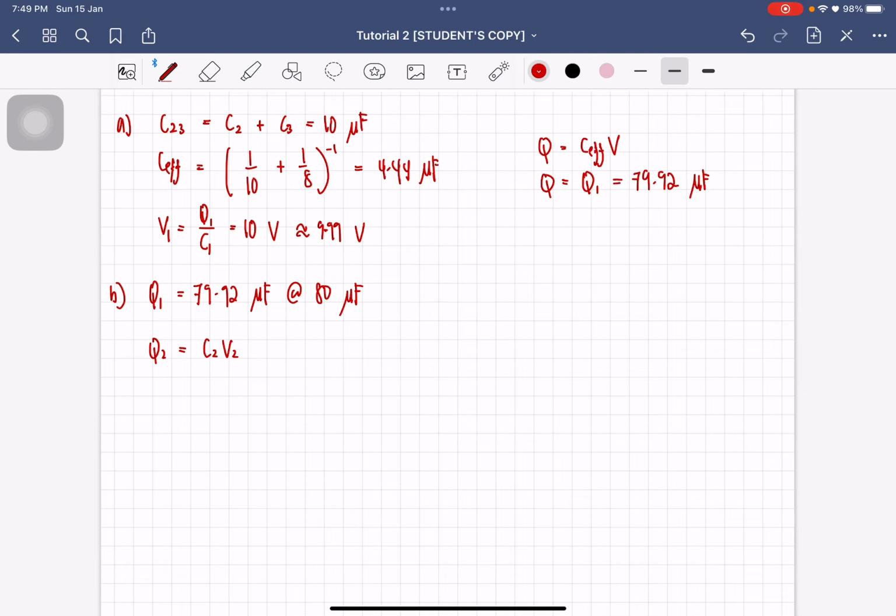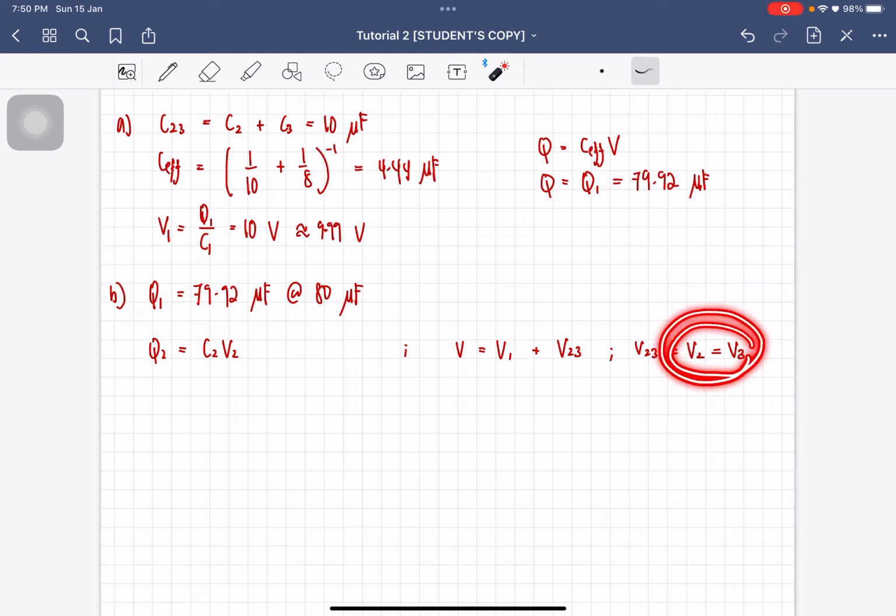However, we do not have the value of V2. How do we find V2? We can use the total voltage, which is equal to V1 plus V23. V23 is the voltage across capacitor 2 and across capacitor 3, so if we get V23, we can then get V2 and V3.